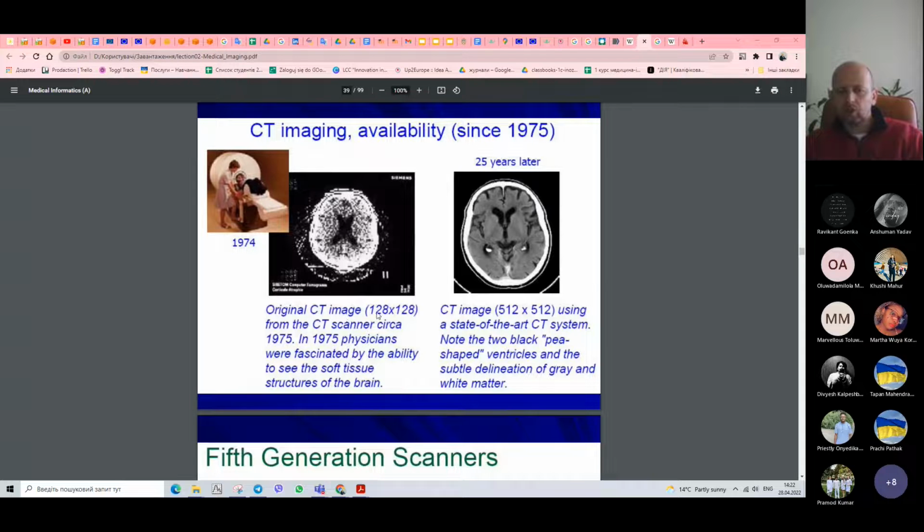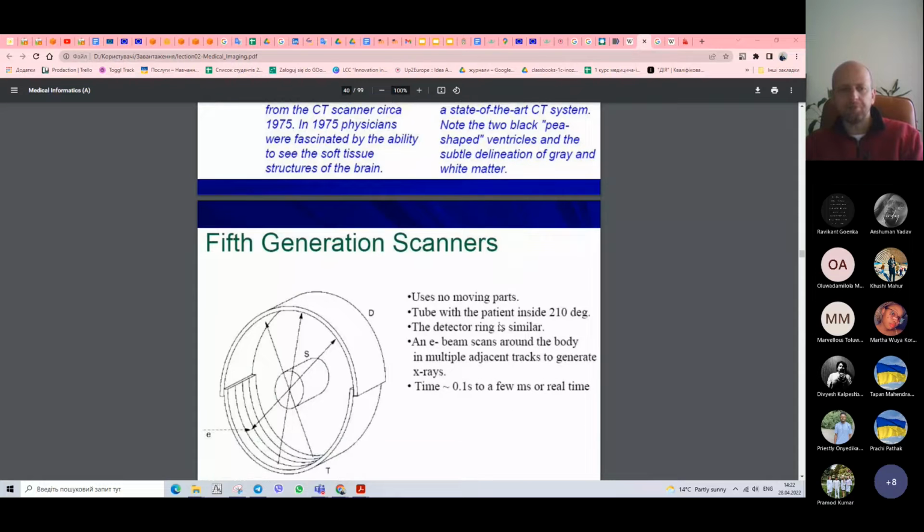Original computer images had 128 by 128 resolution, and it was so hard to understand anything. Later they became 512 by 512 resolution, but more modern solutions are present, and you can find better quality of imaging.